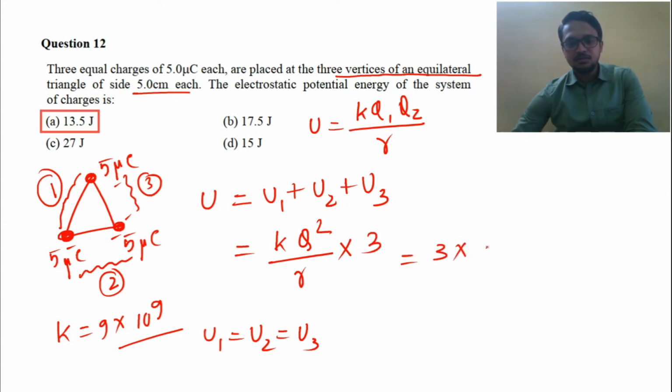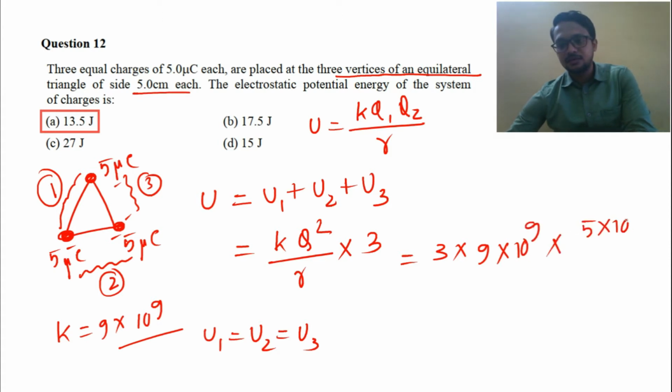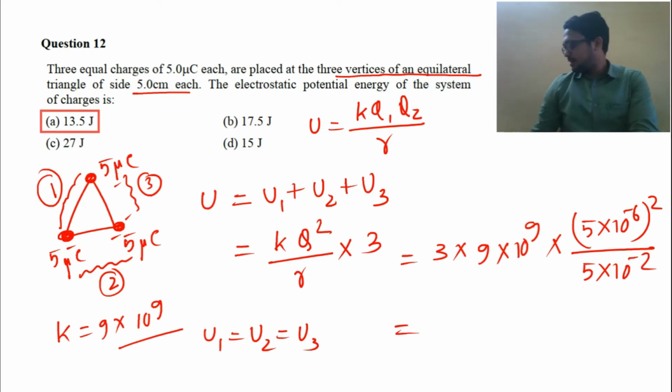So 3 into 9 into 10 to the power 9 into Q square, meaning 5 microcoulomb, 10 to the power minus 6, whole square, by R, meaning 5 centimeter, 10 to the power minus 2. Use your calculator; you can use your calculator in the board exam.